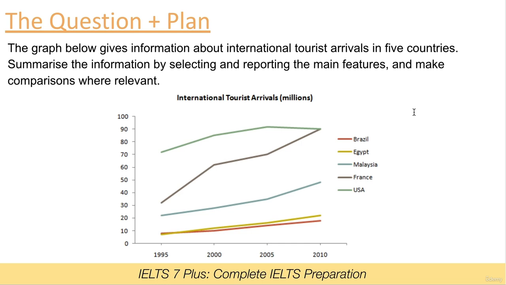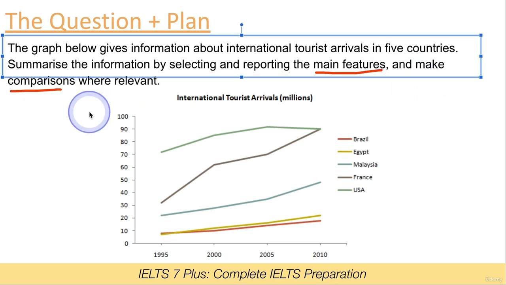Okay, so let's have a think here. We want to summarize. That's our first task. And how do they want us to summarize? Well, they say it by selecting and reporting main features and make comparisons where relevant.